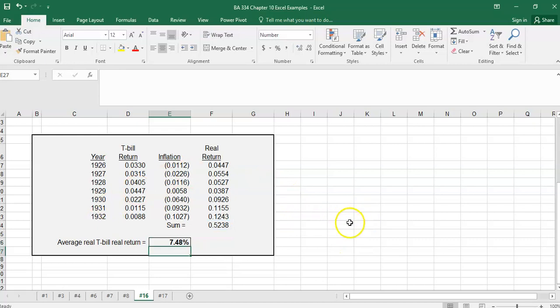And the average real T-bill return of those periods was 7.48%, which is fairly similar to the average return for T-bills as we saw in a previous example for the 70s. So you can see that the risk-free rate, which is the same rate as a T-bill, has been fairly consistent for a long number of years.